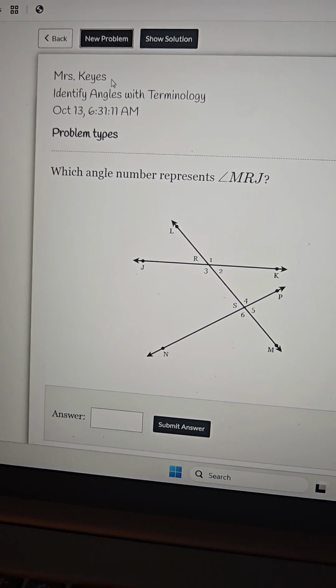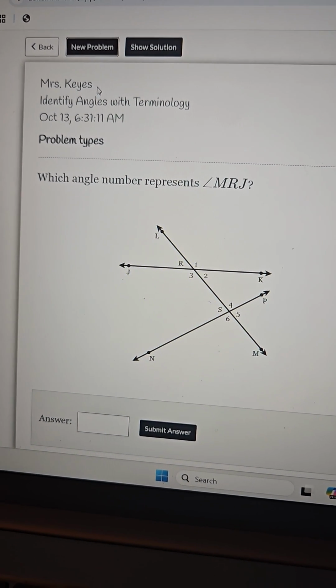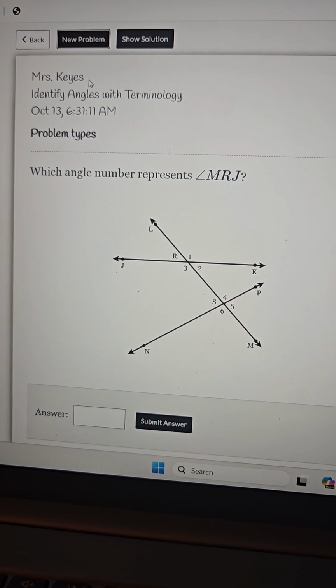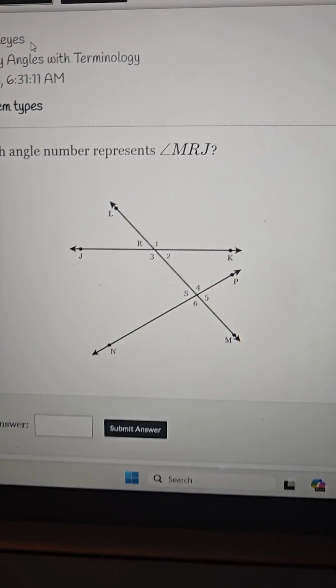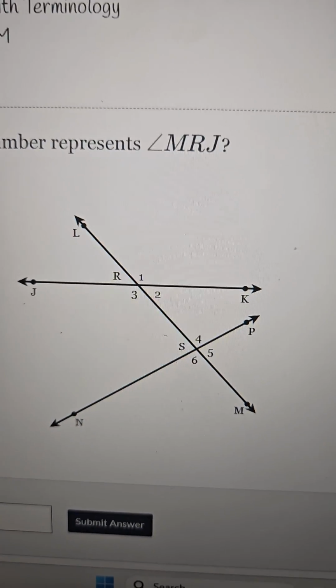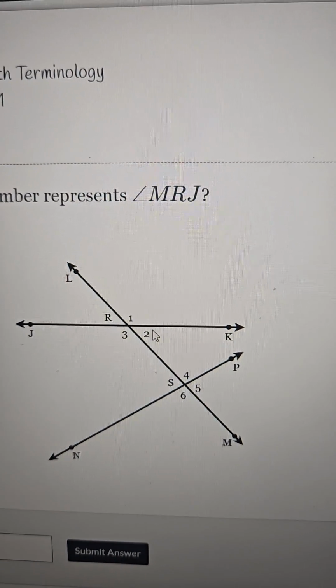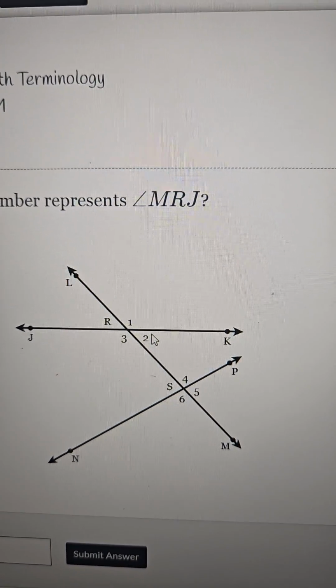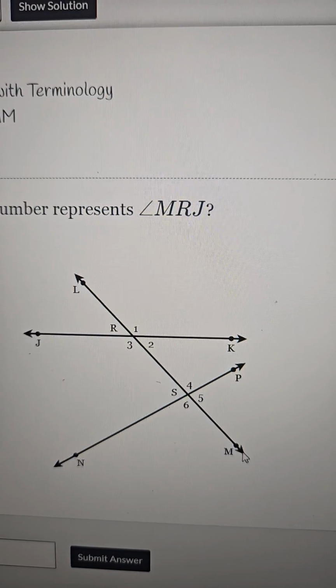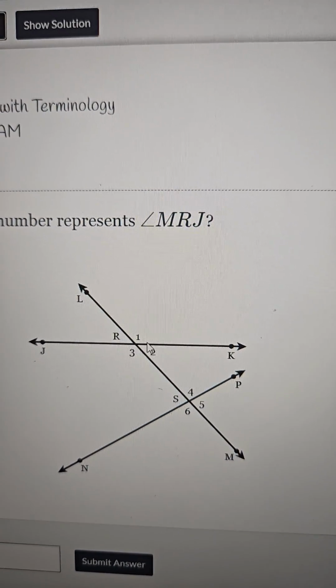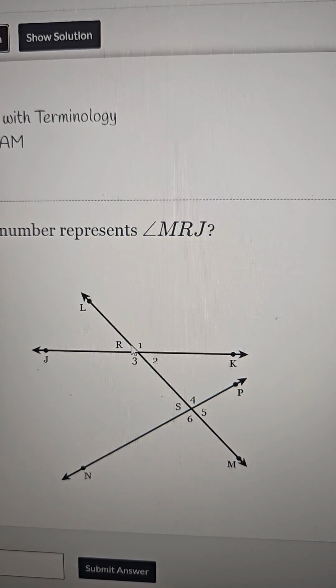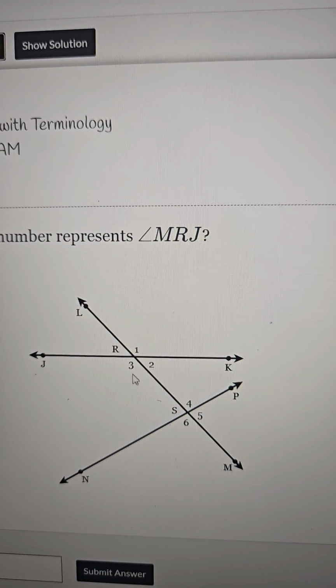Okay, so this first one is just which angle number represents MRJ. So let's zoom in. This is kind of how I did it, where I just put numbers for our angles. So MRJ, here's M. Remember, we got to follow the 3 letters, R and J. So it's this angle right here.